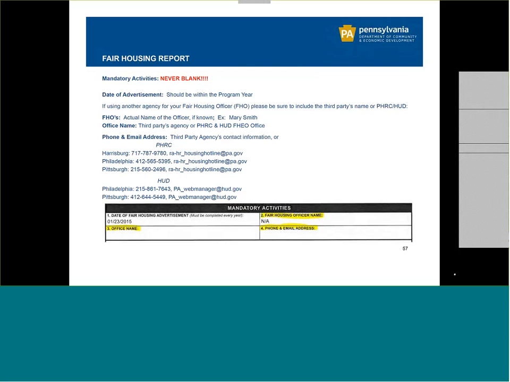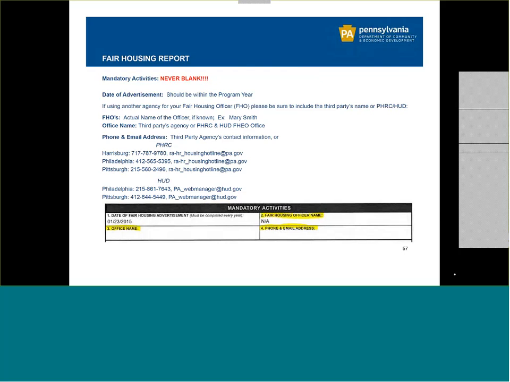If you don't know who it is, then just put agency or something like that, so that we know that somebody in that agency will be doing your fair housing. But you really should have a name because that should be where it's being directed to. For example, Mary Smith.